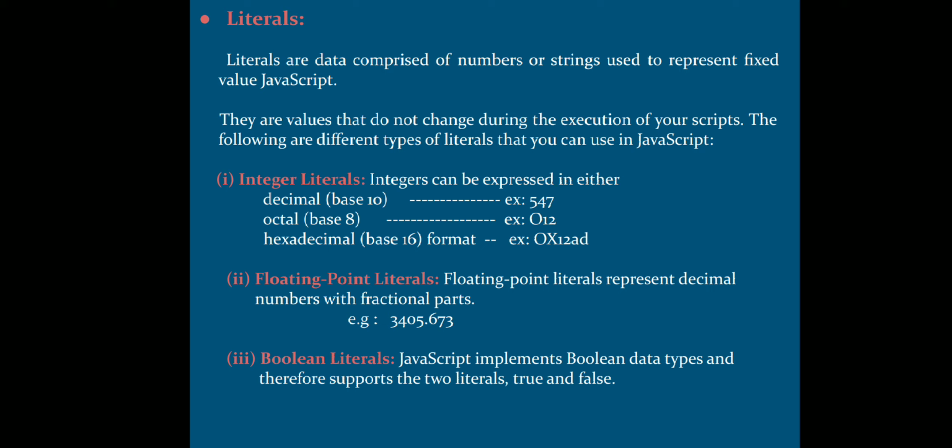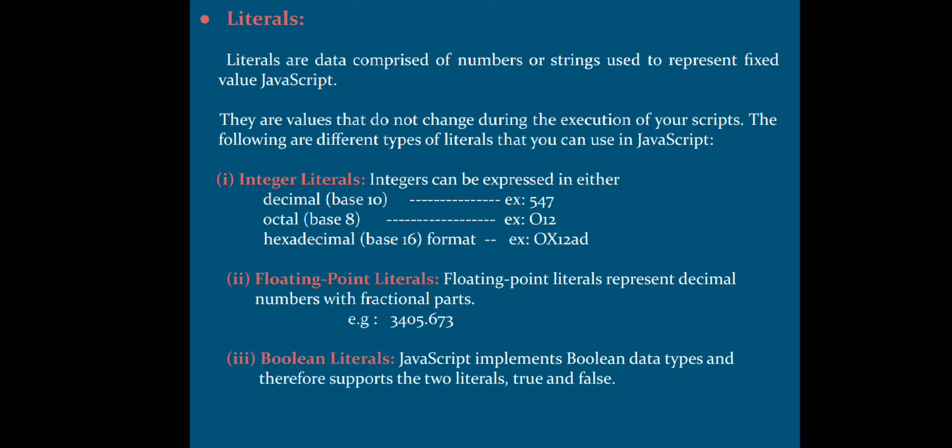So to differentiate that, we will be using 0 for octal and 0x for hexadecimal. Here in this example, 547 is not preceded by anything, so it is decimal. 12 is preceded by 0, so it is an octal constant, and 12AD is preceded by 0x, so it is a hexadecimal constant.